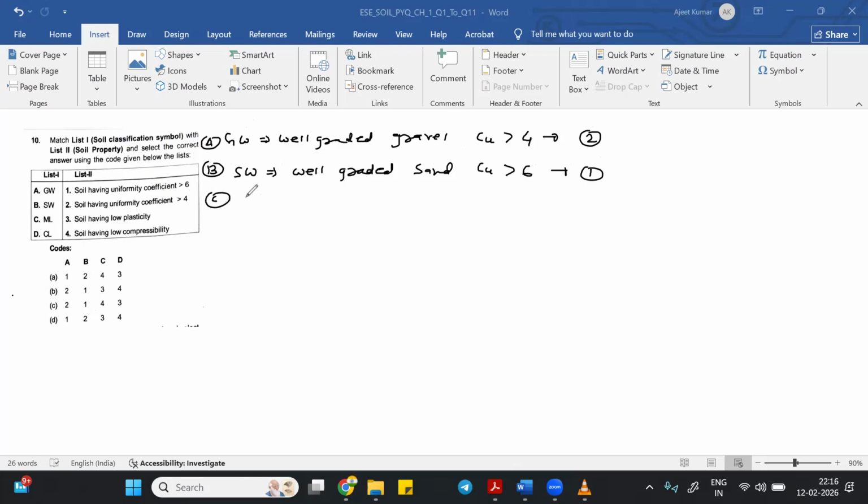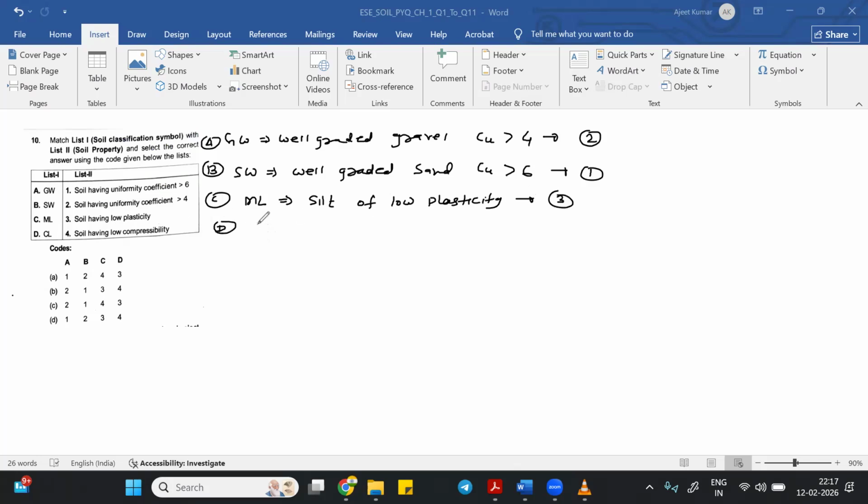Option C, ML, silt of low plasticity. So it is soil having low plasticity, and it will match with 3.